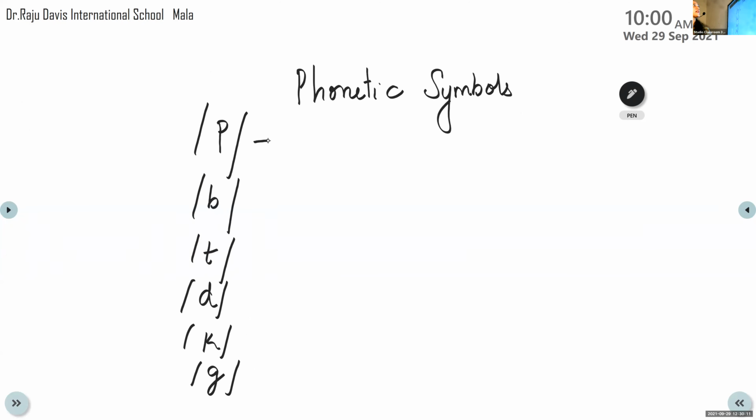Yesterday we had discussed where we can get each sound. Other than the normal common spellings, which are the alternative spellings where we get the sound p? PP, yes.